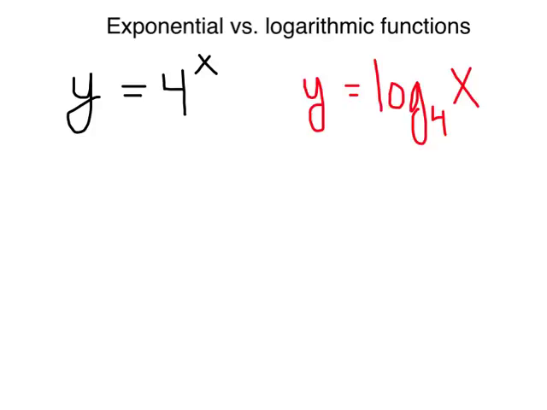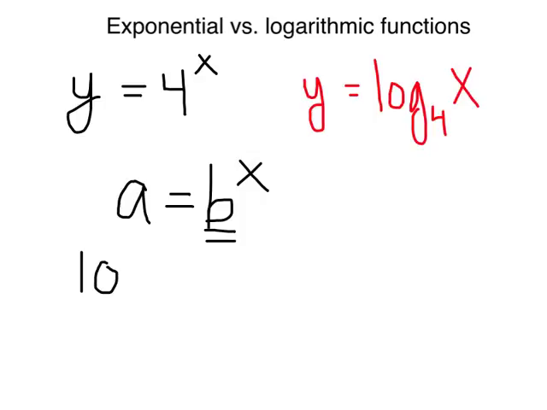So that means one thing you can do is go back and forth between these two things. If I have a equals b to the x power, where b is my base, we can rewrite this as log base b of a equals x.